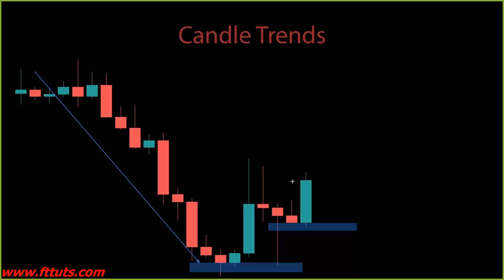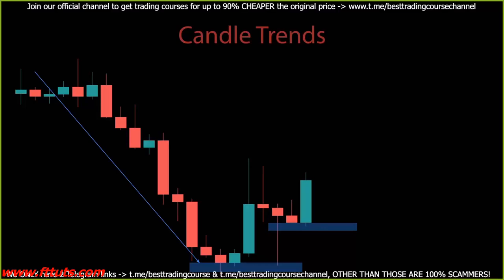Now, I want some interaction here. When we're looking at these candles, is this a good time to buy right now? People are saying no. Okay, the stop is going to be too big. This is not a good time to buy right now. The only reason is that price is moving bullish, we need price moving. So basically, price is moving like this.